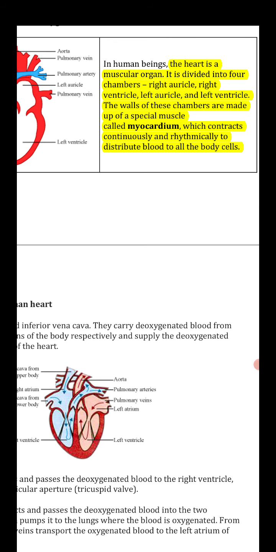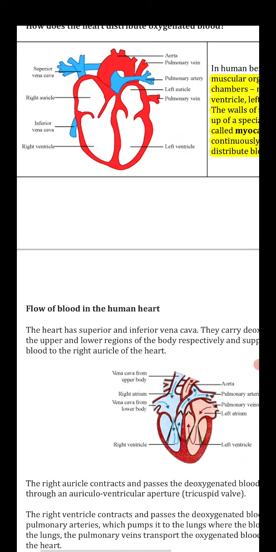So what is the meaning of this? First I am showing the picture here. Our heart is divided into 4 parts, the upper portion and the lower portion. The upper portion has the right side and the left side, and the lower portion has 2 sides, the right side and the left side.